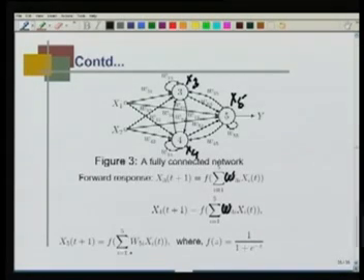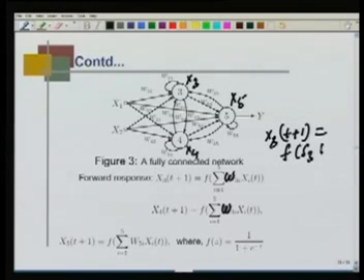So, total 5 nodes. So, you can easily see that x3(t+1) is a function of S3(t+1).